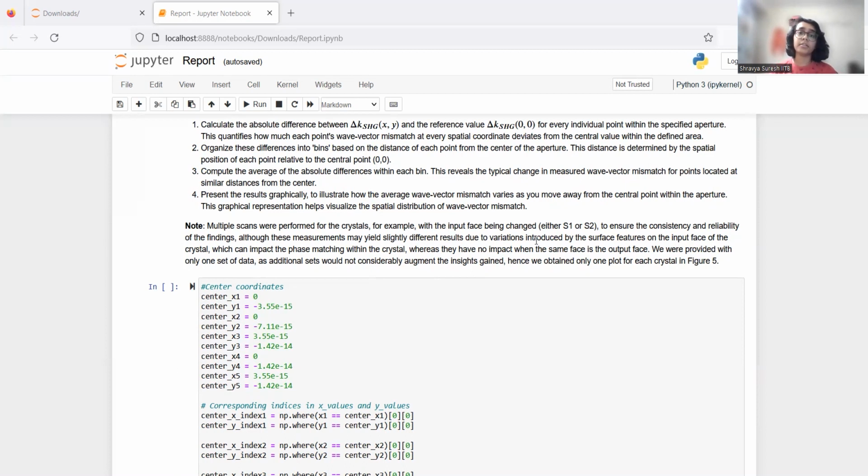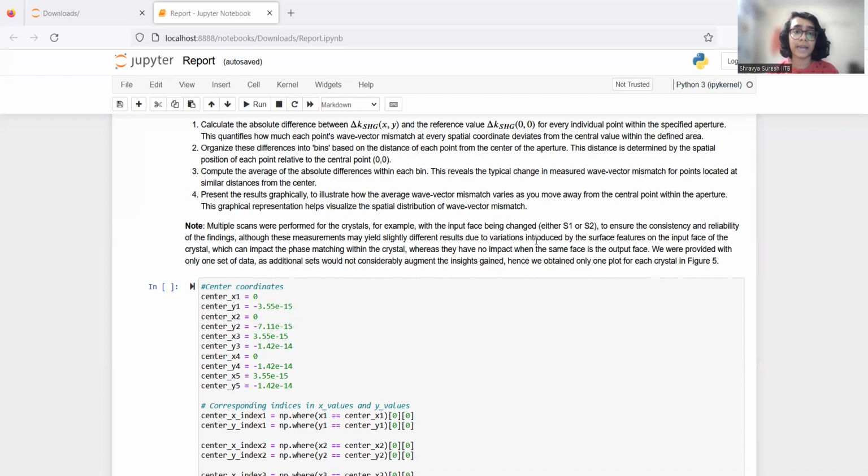Now, for all the crystals, the value at the center x, y was not exactly 0, 0. Some of them were of the order of 10 raised to minus 15, but they were pretty much close to 0. So we located those values and used those exact points of x, y as the center of the crystal and calculated the distances of each point respectively.